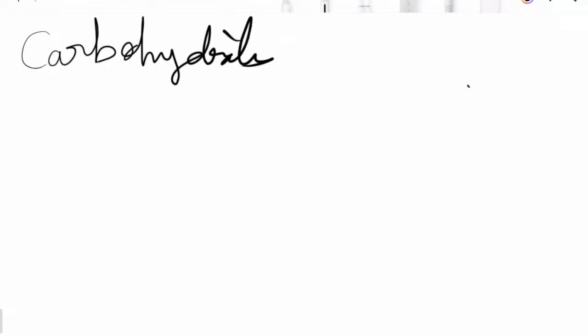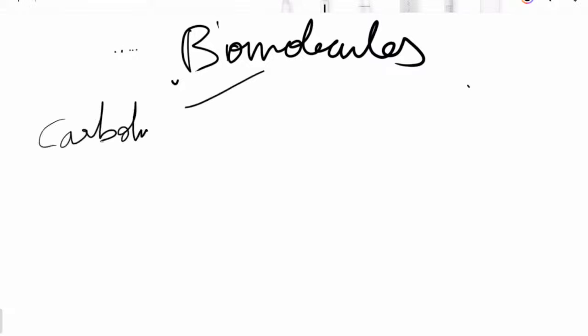We know carbohydrates. What do you understand by the term carbohydrates? Usually, it's nothing technical: carbohydrates are basically sugars. In the chapter from which we got this question, biomolecules are divided into carbohydrates and nucleic acids.